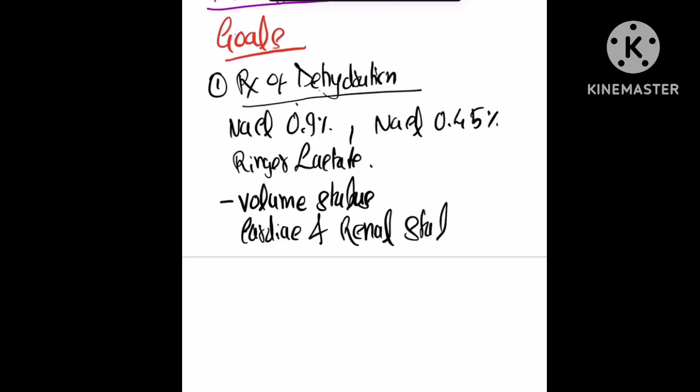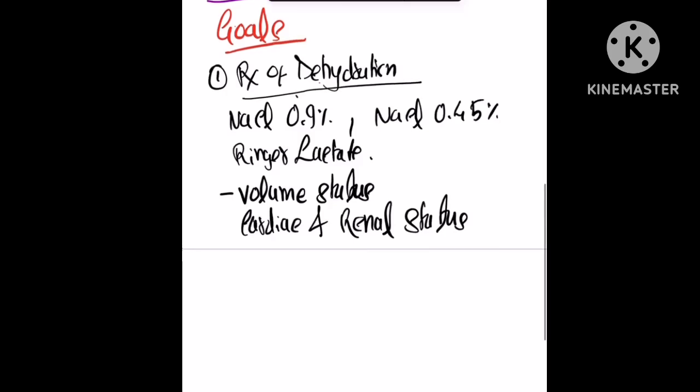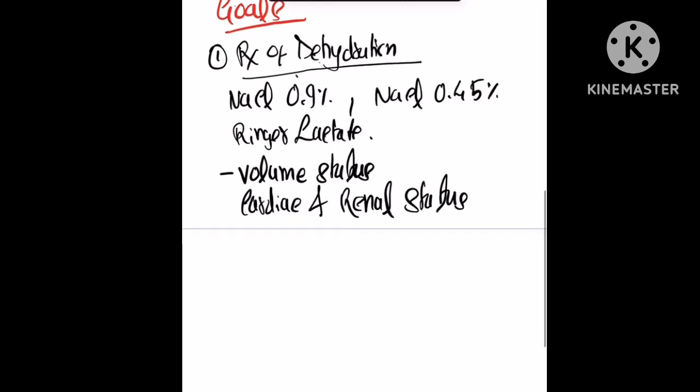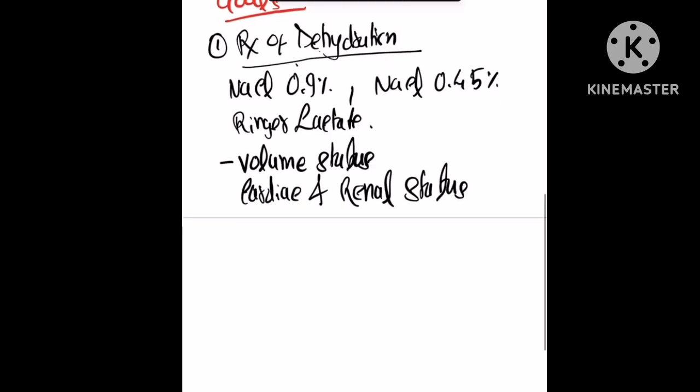Why are these two very important? Because the person may have a very low cardiac output of something like 35, 40, 45%, which is not normal, below par, and might also have grade 3, 4, or 5 CKD. In those cases, we have to do the fluid resuscitation very judiciously.